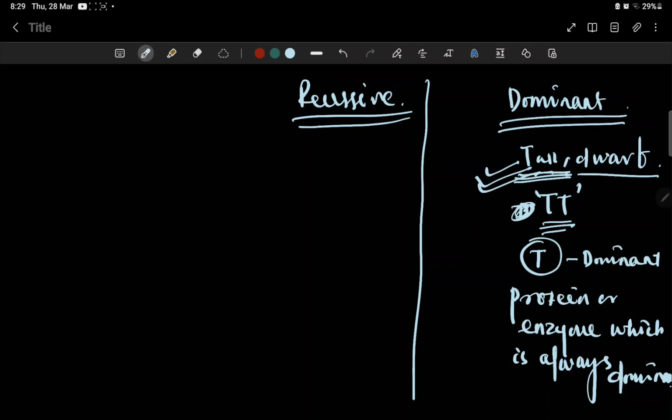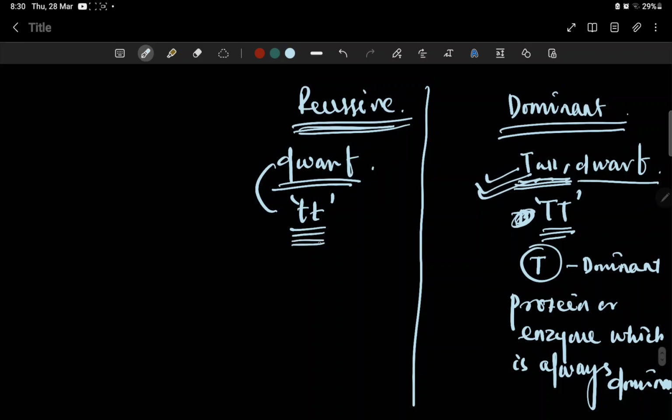Recessive is expressed. Dominant is highly expressed to express the dominant character, but recessive is expressed, but it is not the dominant character. It is the recessive character. As dwarf is the recessive character, we represent it as small t.